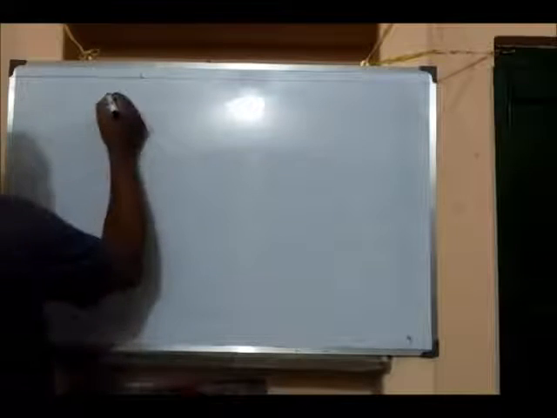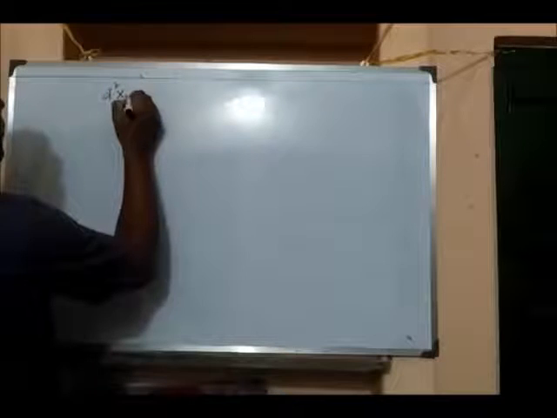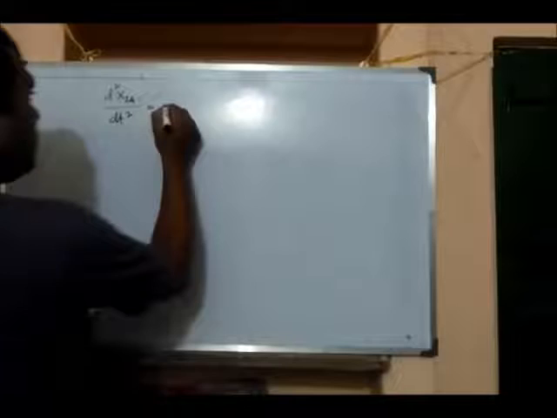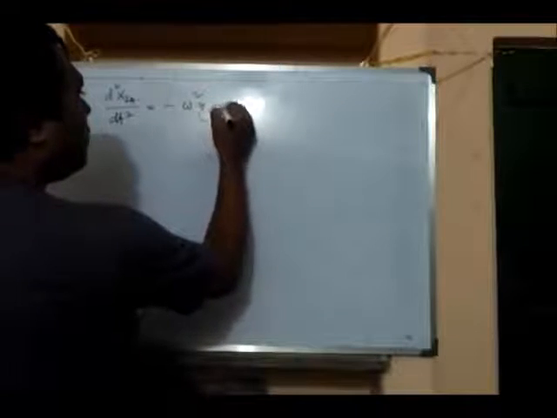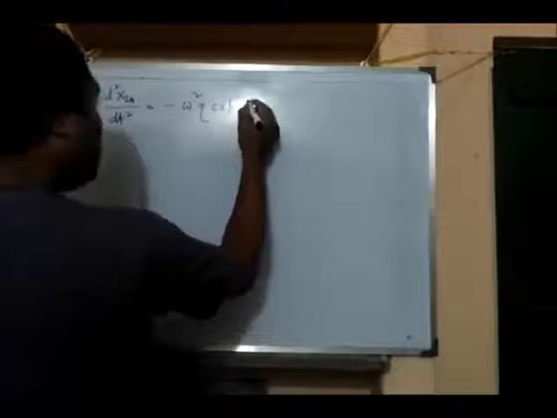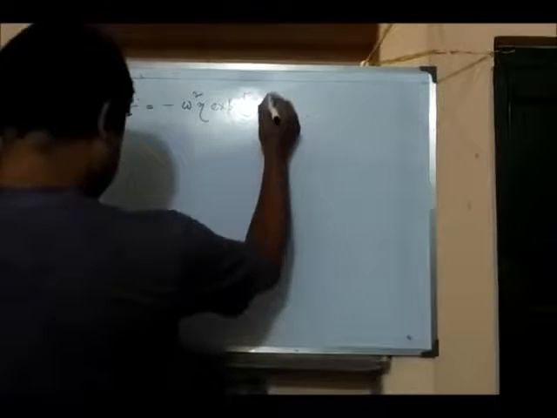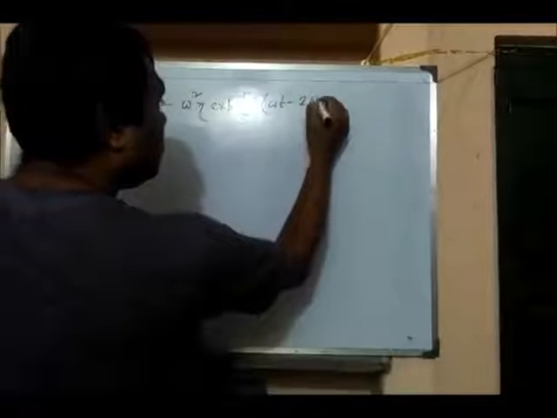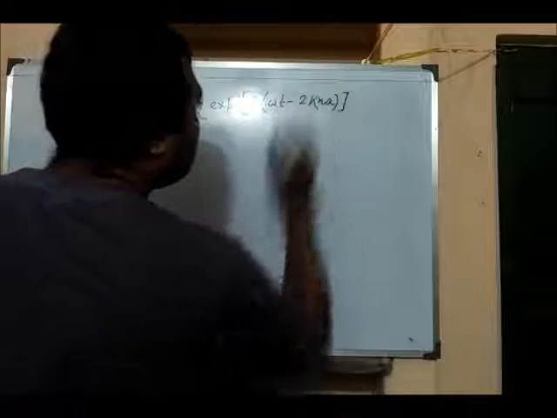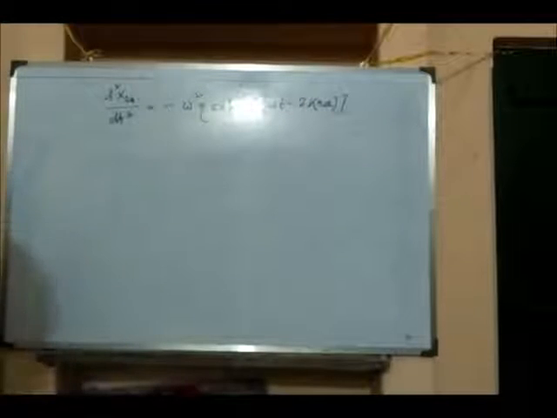The situation is, if you differentiate x_{2n} twice with respect to t, this will be minus, obviously, omega squared beta exponential i (omega t minus 2nka).